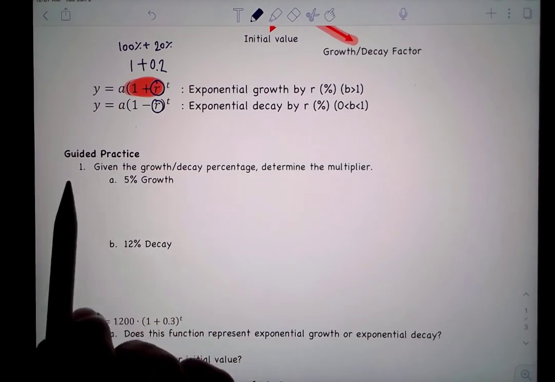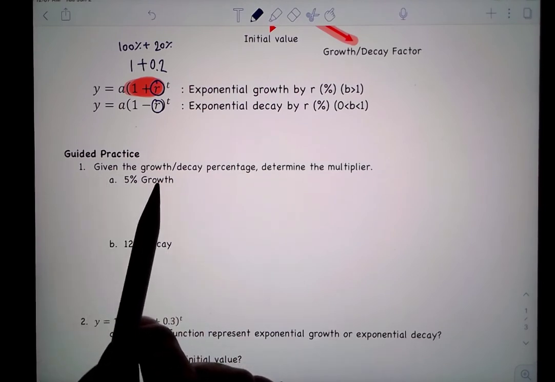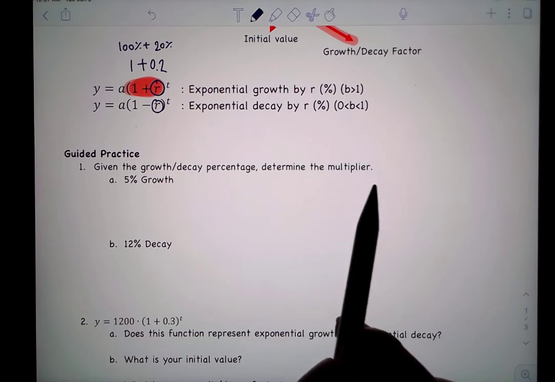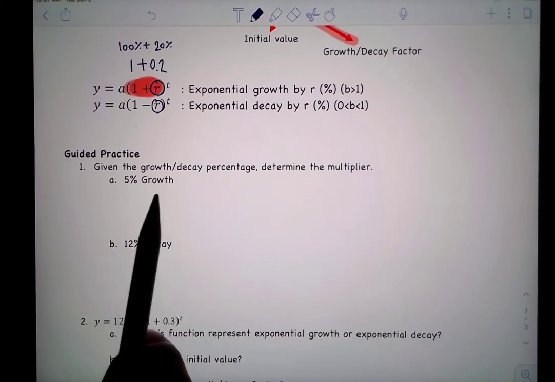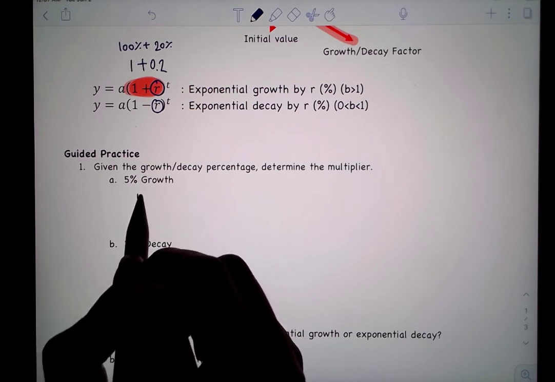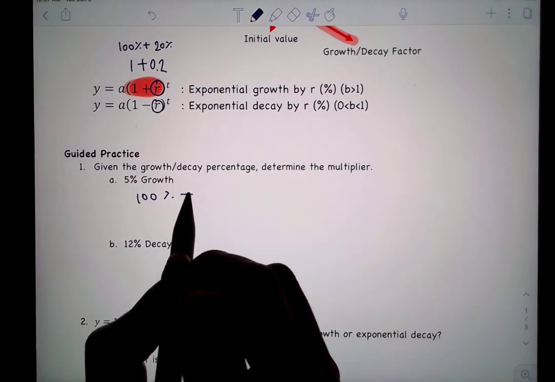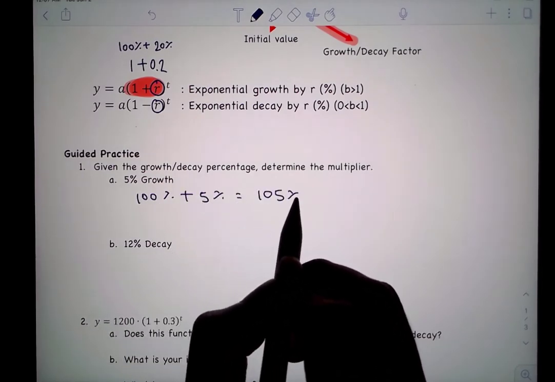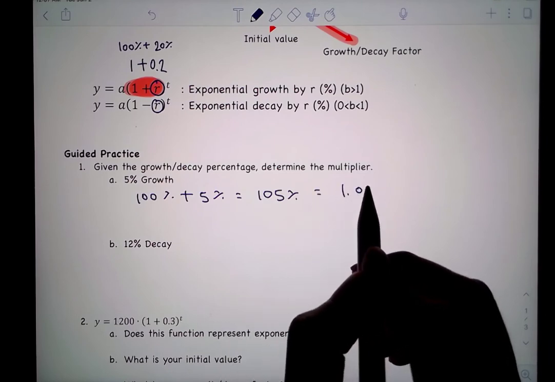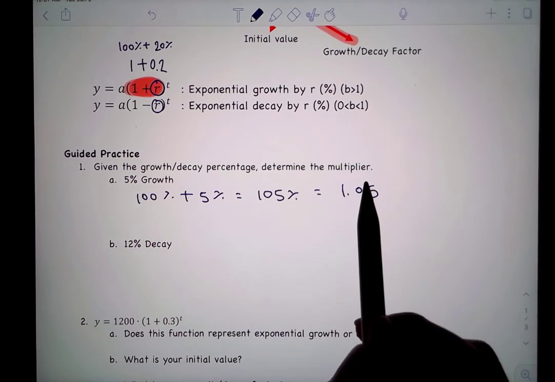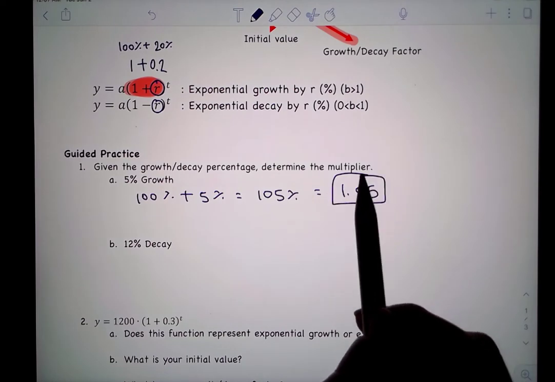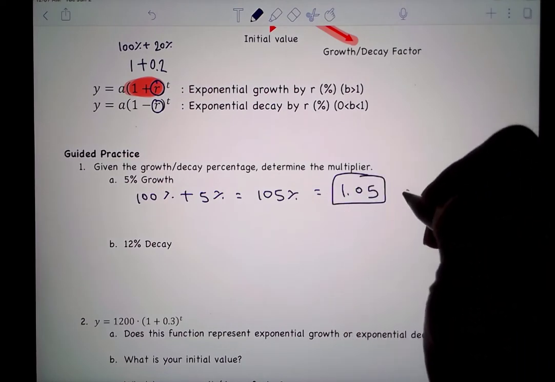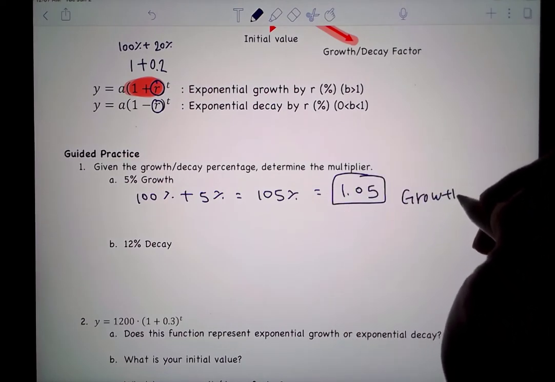Guided practice. Number 1, given the growth decay percentage, determine the multiplier. So 5% growth. Now we know this term. Growth is what? Adding, right? So 100% plus 5%, so it will be 105%, which is 1.05. This one says multiplier, but I want to say growth factor.